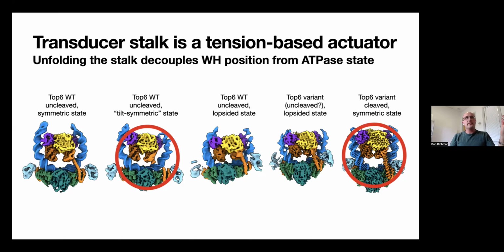So the stability of the transducer stalk is clearly finely tuned, because if we introduced a glycine into that stalk to destabilize the helix, we similarly saw really reduced supercoil relaxation activity.